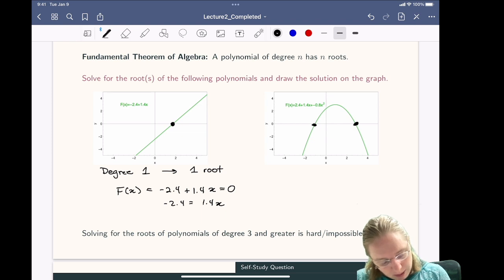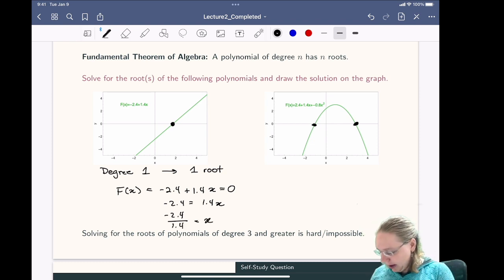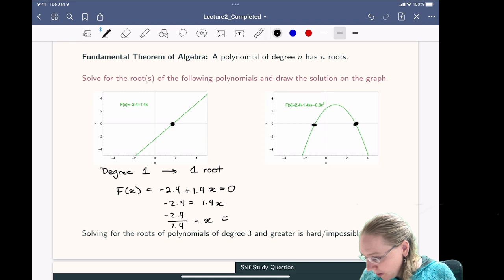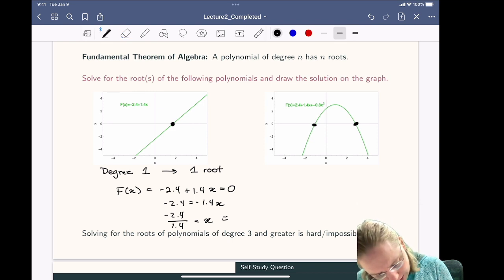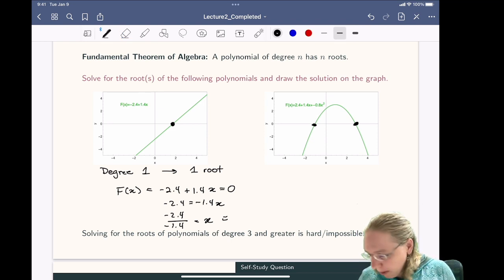Dividing through by 1.4, we have minus 2.4 divided by 1.4 equals x. And I have the value of that here. I messed up. I should have a minus sign right here. So we divide by minus 1.4, and that gives us 1.74.